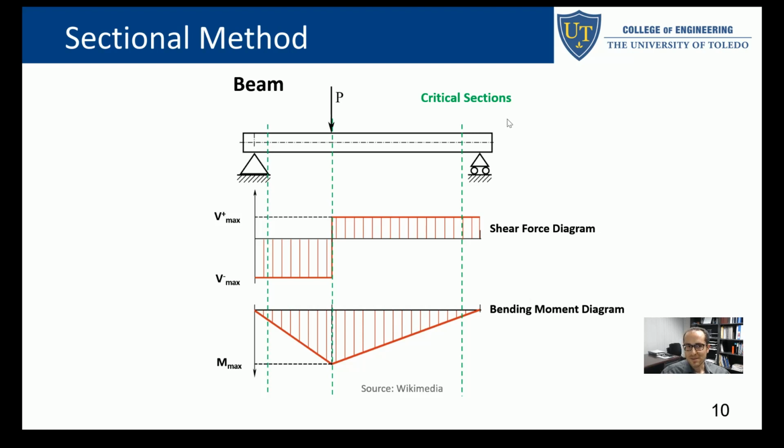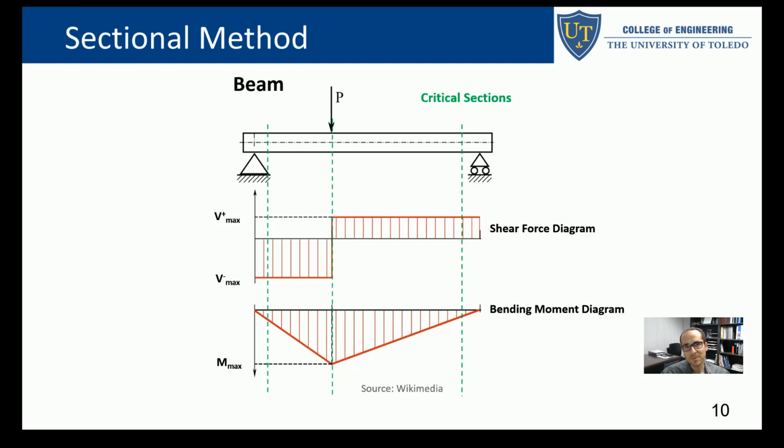The sectional method uses a very important assumption, which is that plane sections remain plane, right? That assumption is the basis of engineering beam theory, which is true for slender members. That's the reason why the sectional method does not apply to deep members: deep members do not satisfy that requirement.